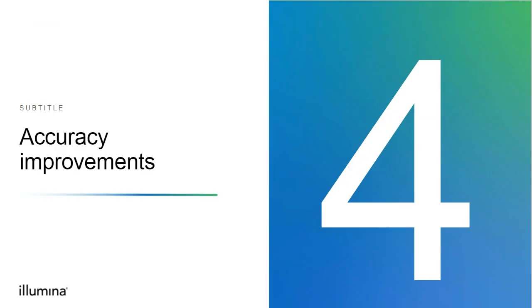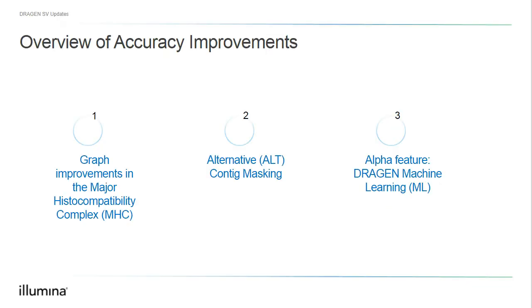Okay, let's go on to the 4th major update, which is accuracy improvement on the germline side. There are 3 areas that we targeted in this release. One is an improvement in the MHC region. We are now bringing in the feature to improve our accuracy with references with alternate contigs by using the masking option for the alternate contigs.